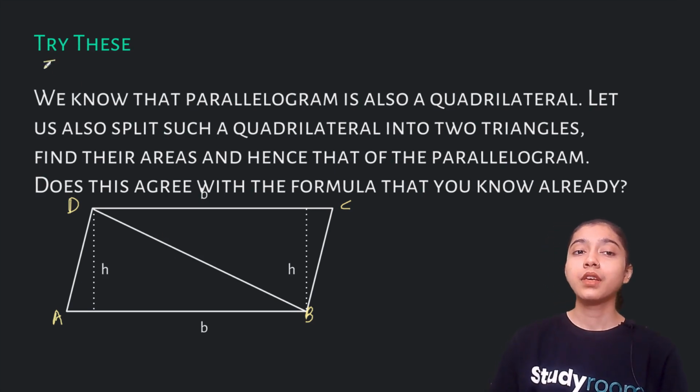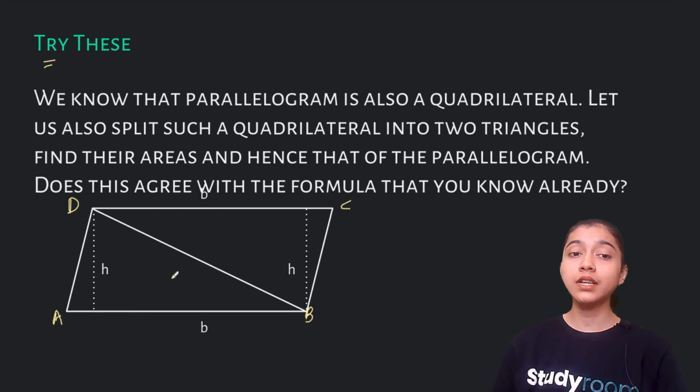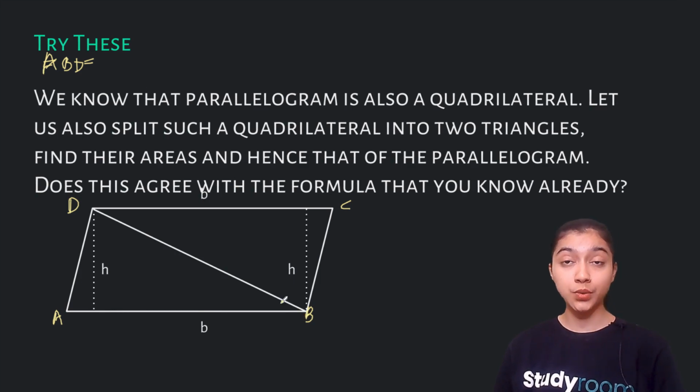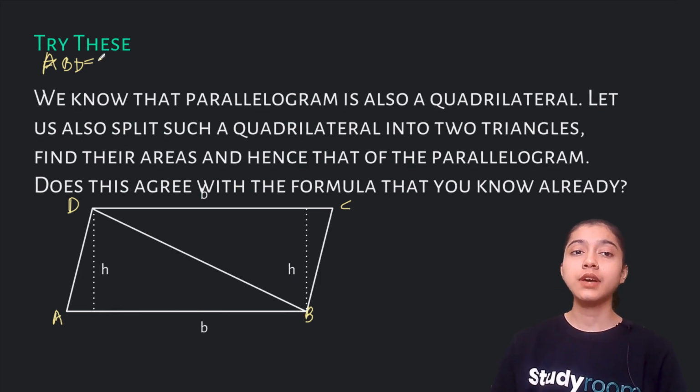So, the area of the triangle ABD will be equal to half into base into height. The base of this triangle is AB, which is equal to B, and the height is H. So I'll be writing half into base into height.